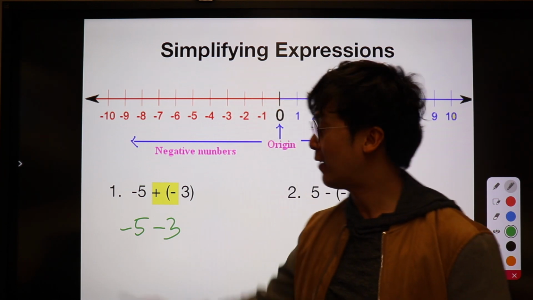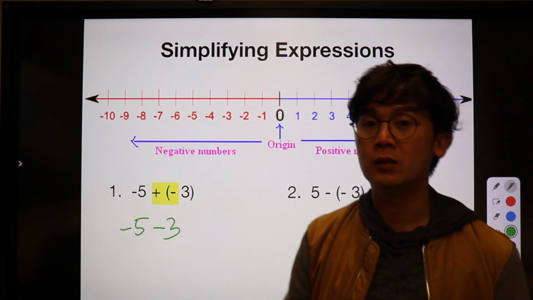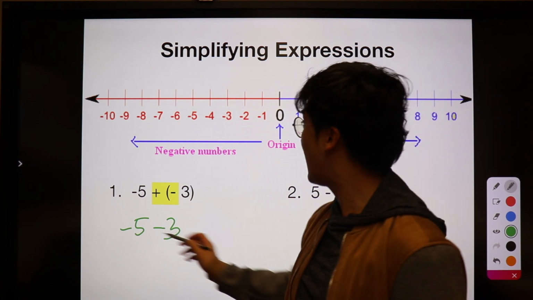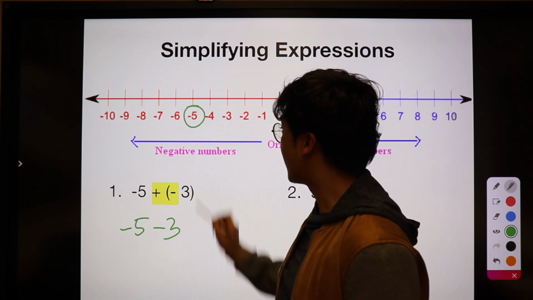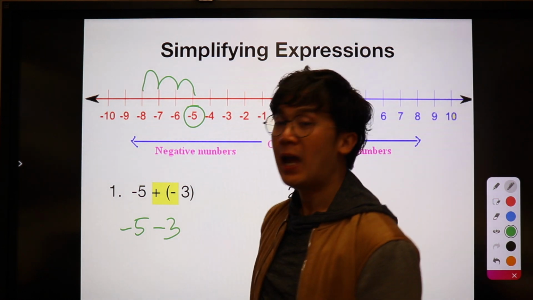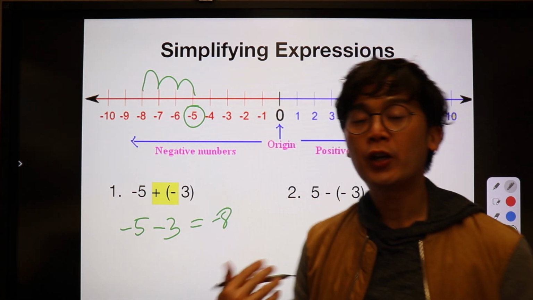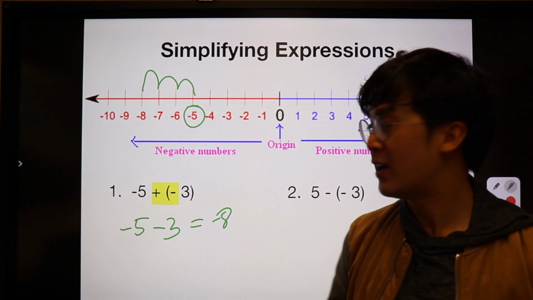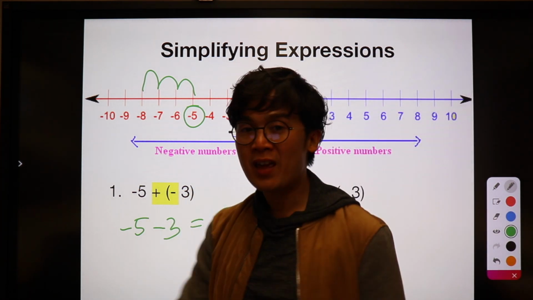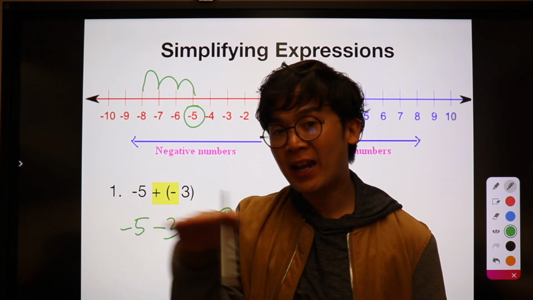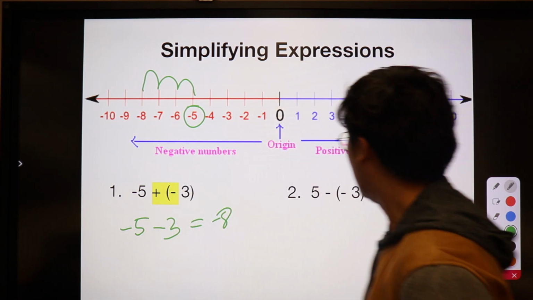And now we have a simple integer problem that we can easily subtract using a number line. So now we have negative 5 minus 3, and we'll have negative 8 as our answer. So that is how you solve an integer problem with double or multiple signs in their operation.